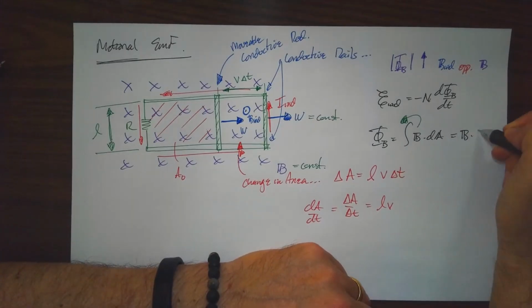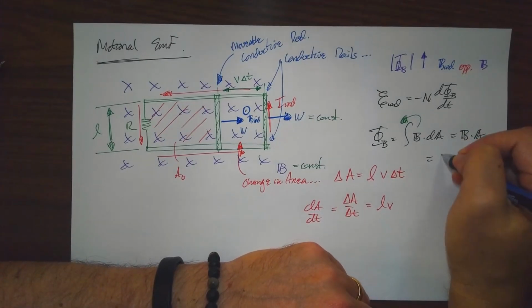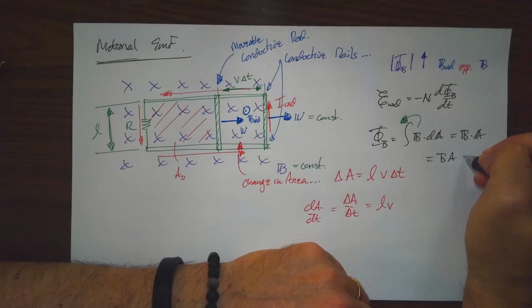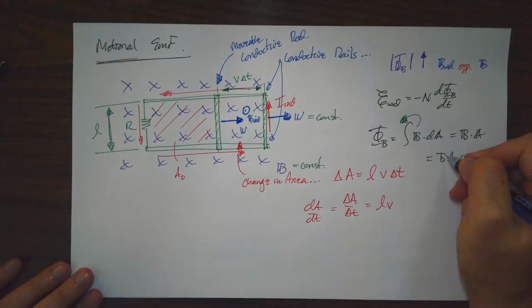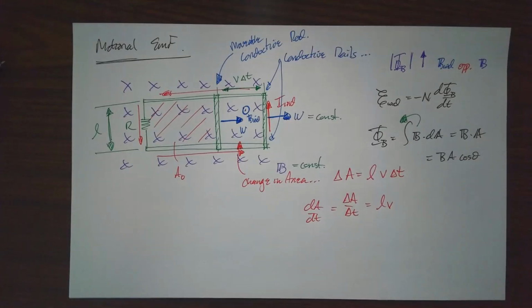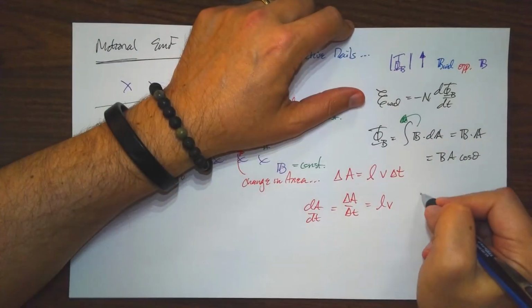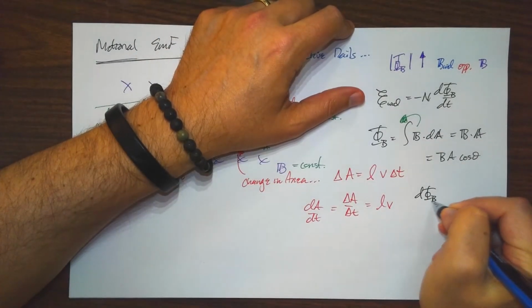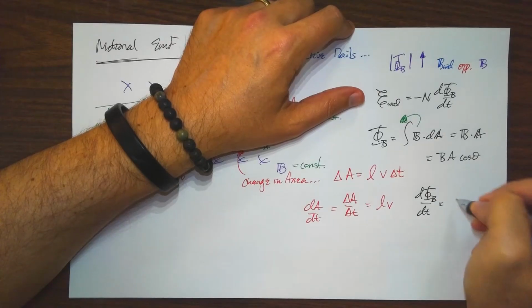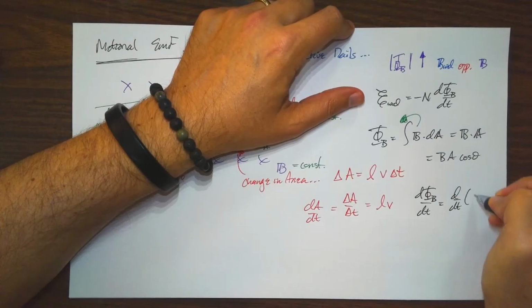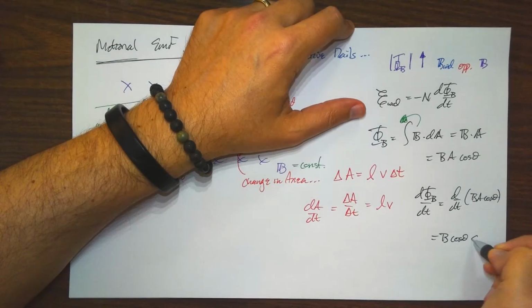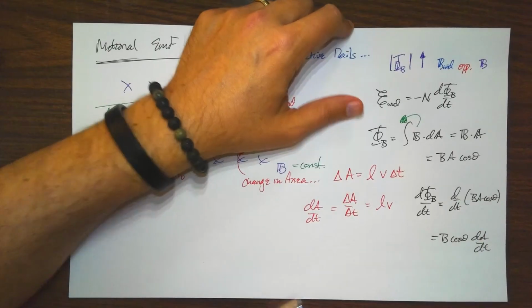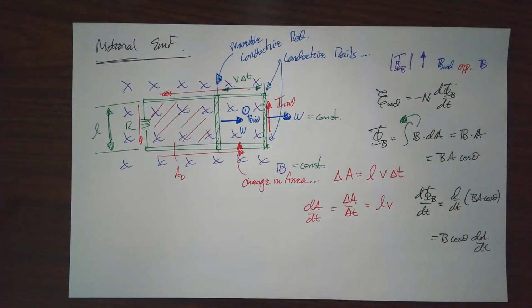This will give us essentially B dot A, which is the magnitude of B, magnitude of A, times the cosine of the angle between them. And so then when we take our time derivative, BA cosine of theta, you get B times the cosine of theta times dA dt, and that's the quantity we just calculated.